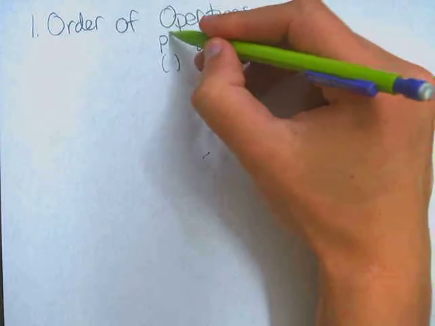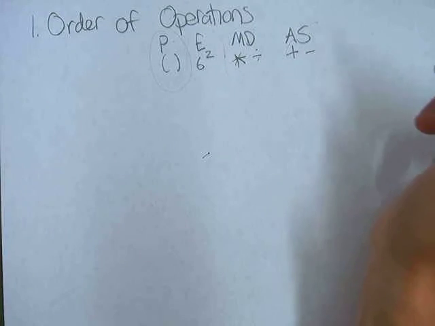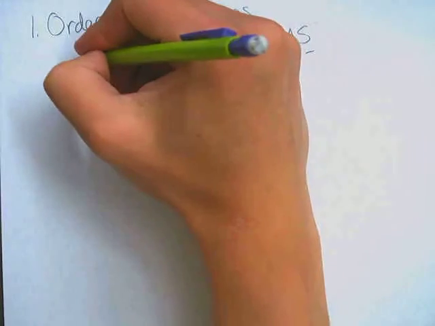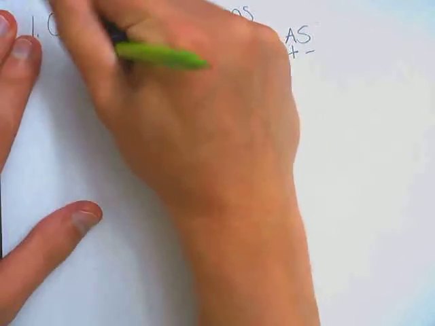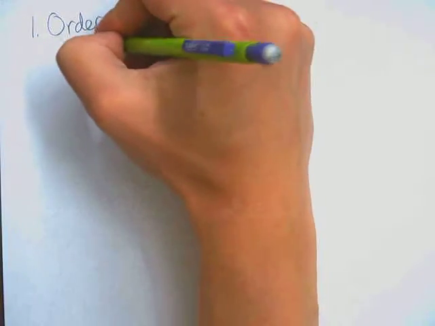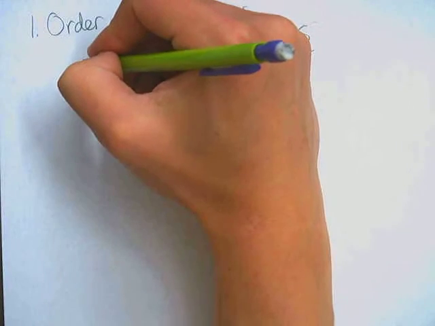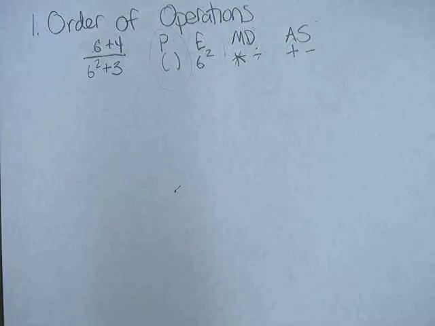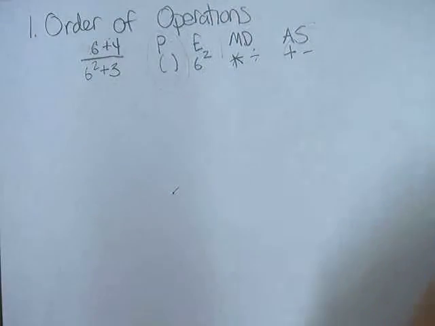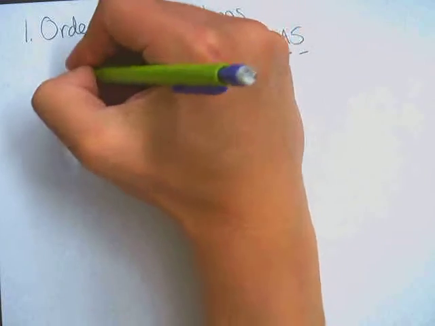We have to go in this order, so we always got to do these first, then these, and these, and these. Where this can be tricky is when there's fractions. Technically, even if we have stuff on the top of the fraction where addition's happening, and stuff on the bottom where something else is happening, we have to resolve the top and bottom first before we do the division, because technically there's parentheses around these.